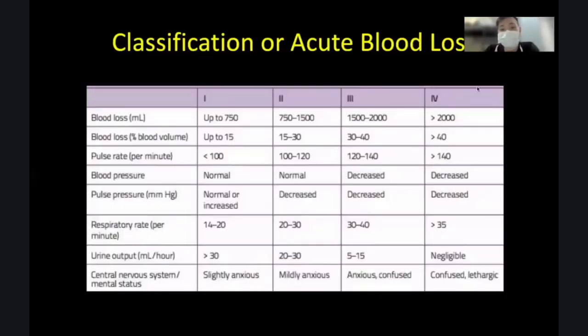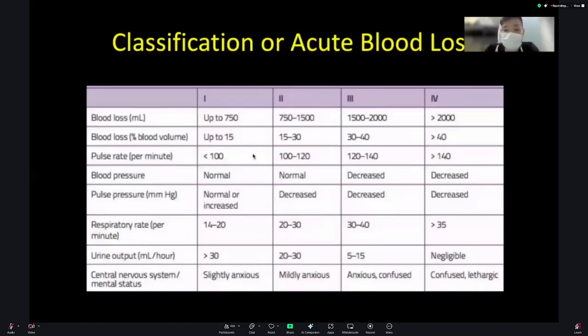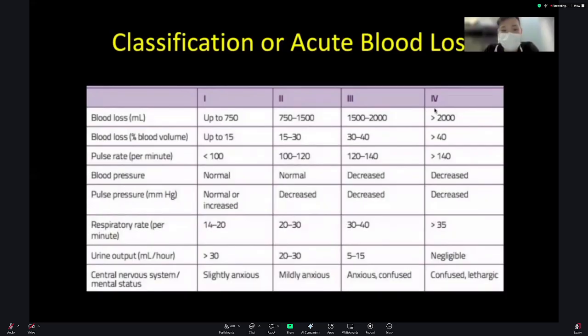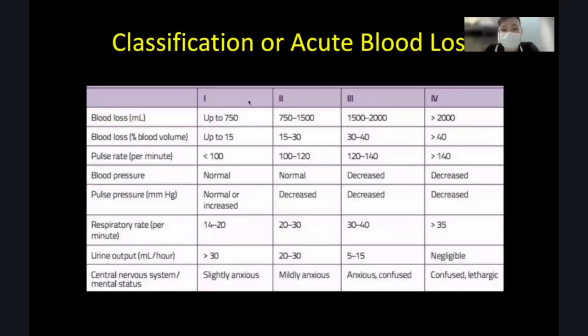Classification of acute blood loss: I think you would have a separate lecture with regards to hemostasis and bleeding. So this is just a table showing the severity, depending on whether it's type 1, type 2, type 3, or type 4, the amount of blood loss, the percentage of volume loss, and the clinical manifestations.